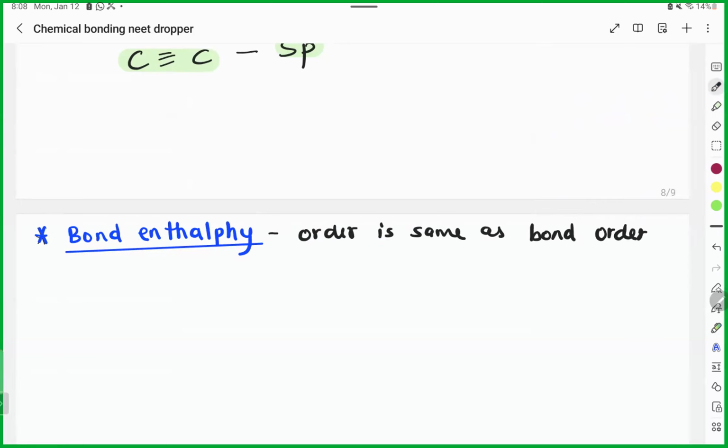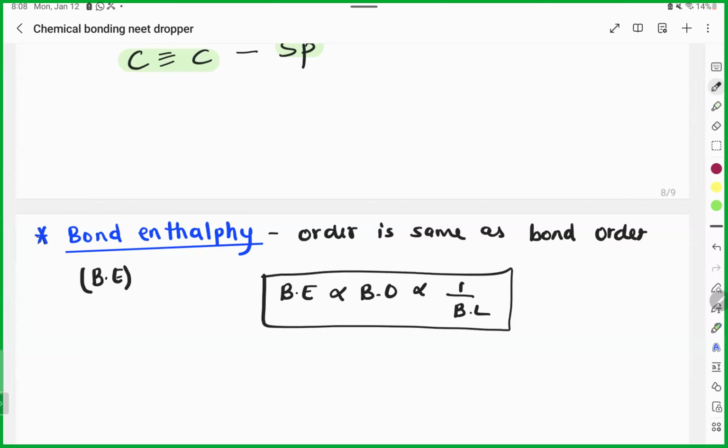It means bond enthalpy, BE, or bond enthalpy, is directly proportional to bond order. More bond order, more bond enthalpy, and bond length will reduce. We already wrote this. I'm just writing it for practice.